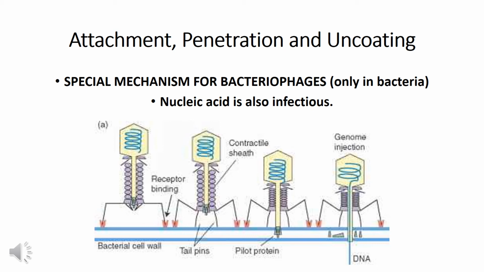When the bacterial cell wall gets disrupted, the DNA of the virus is pushed from the virus into the bacterial cell. When the viral DNA is pushed from the viral protein into the cell, this DNA can cause infection in the bacteria.